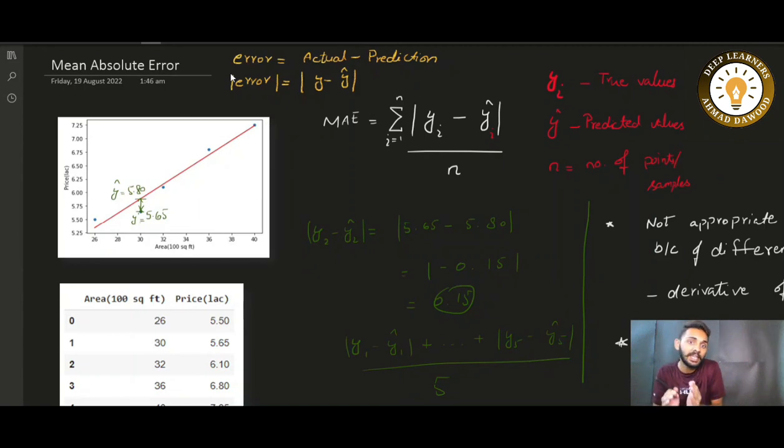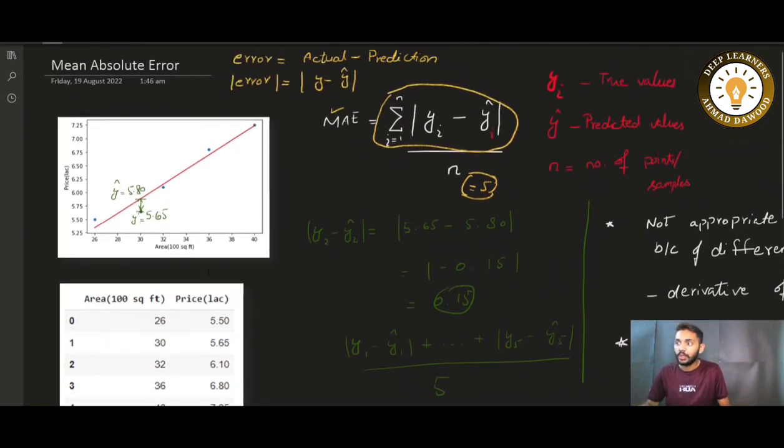Here we say mean absolute error: we add all the absolute errors and then take a mean by dividing by the number of points, n. In the case of that data set, n is equal to 5. In this way, we can calculate it.